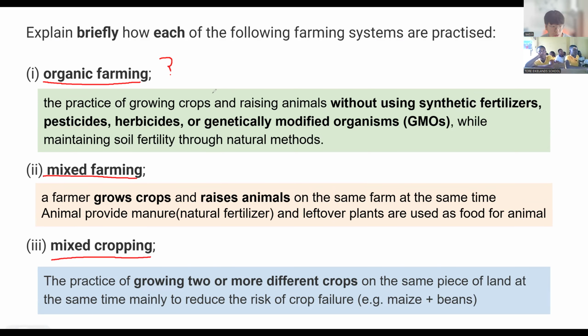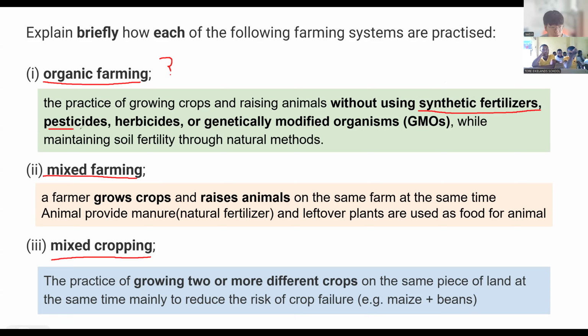Organic farming is the practice of growing crops and raising animals without synthetic fertilizers. Synthetic fertilizers means just human-made fertilizers.